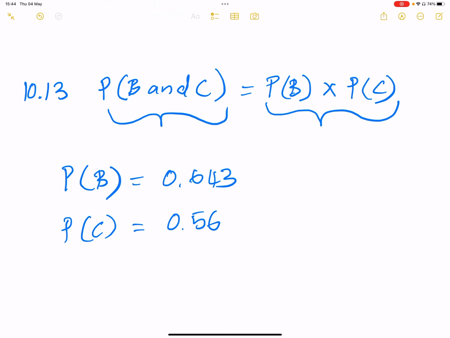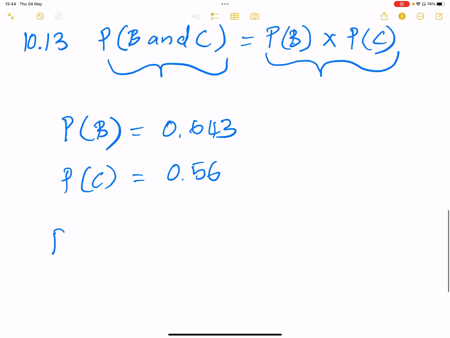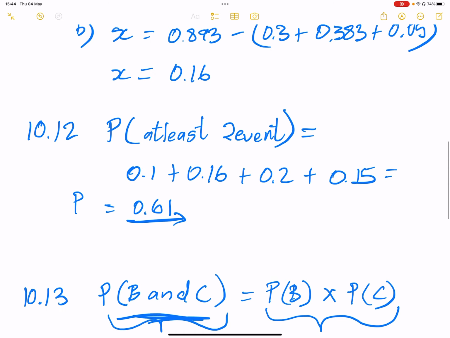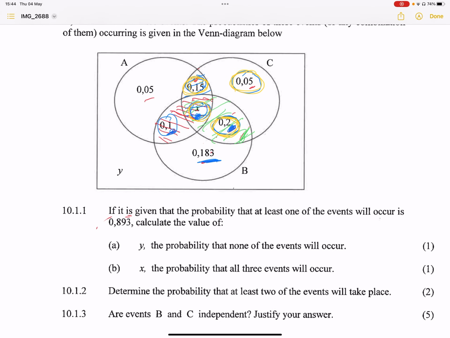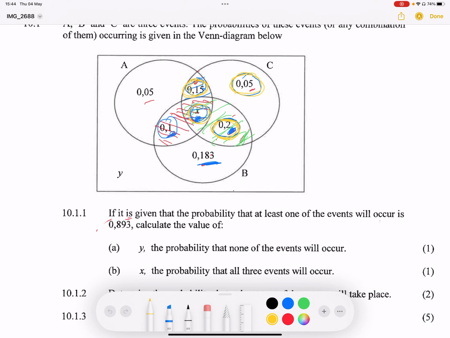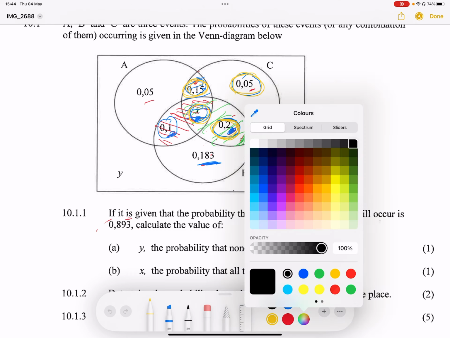Now, then I go to my Venn diagram and say, well, what is the probability of B and C? So I'm looking for this left-hand side. Probability of B and C. So I need to go back and look at my diagram. Ooh, I've painted it, hey? I look at the probability of B and the probability of C. I'm just going to take a different color in this case just to illustrate that.